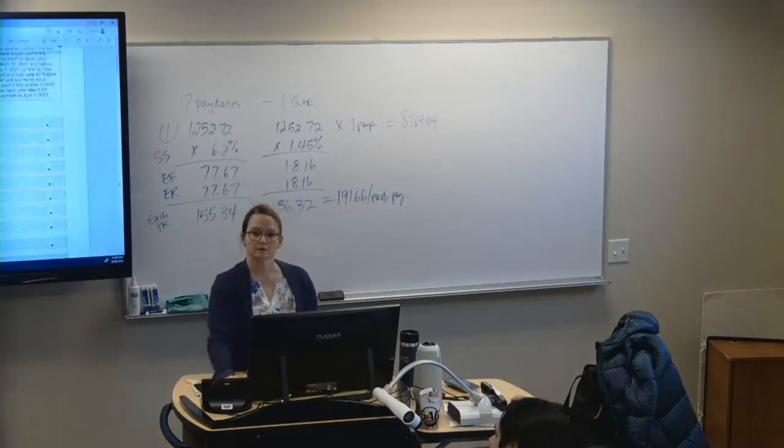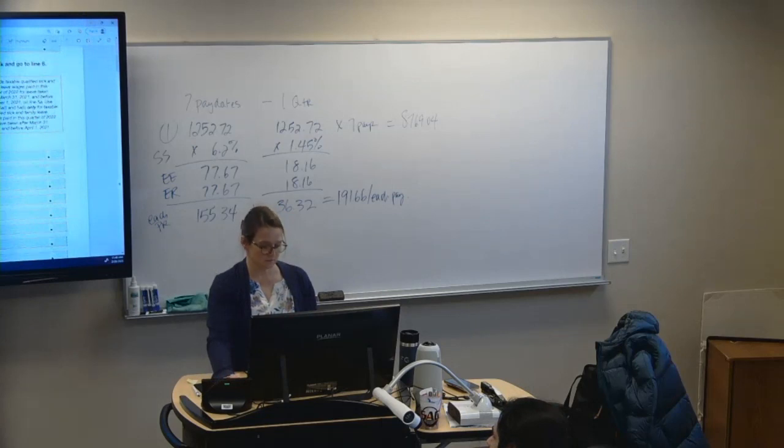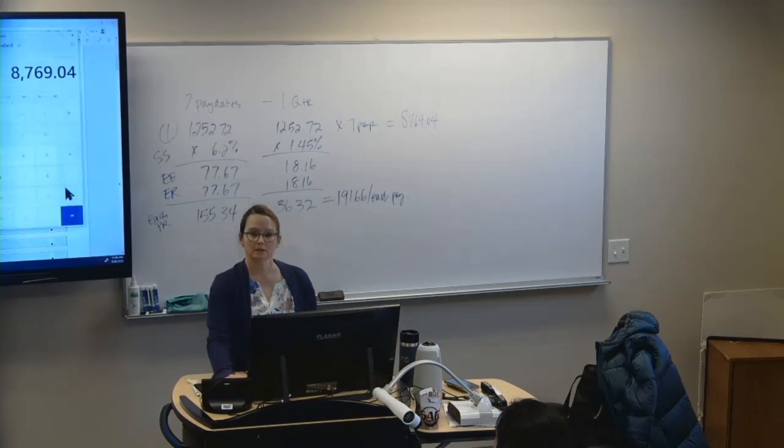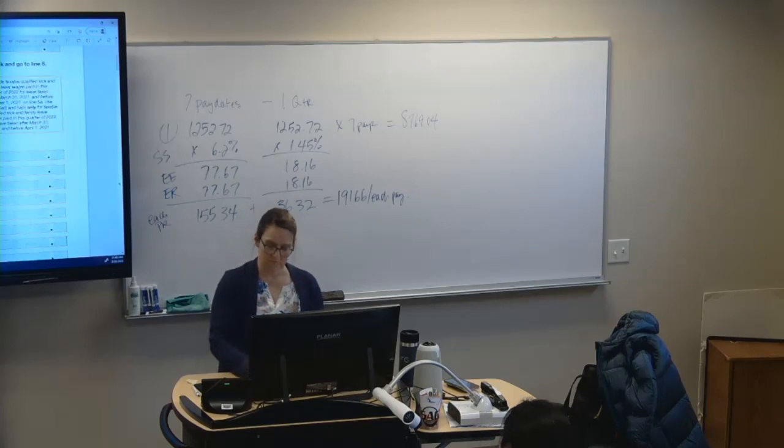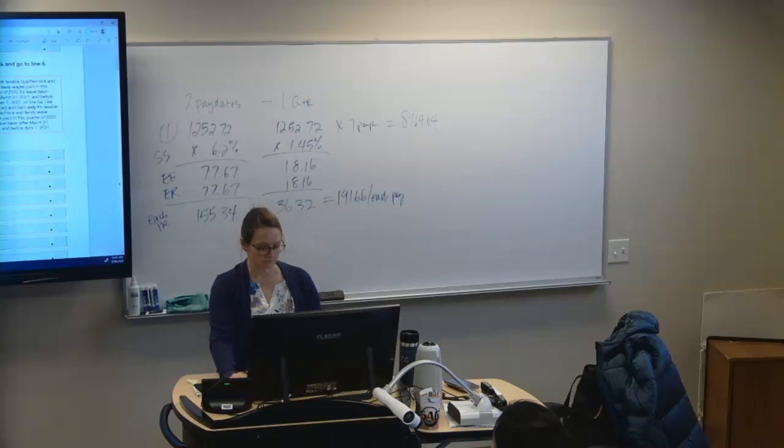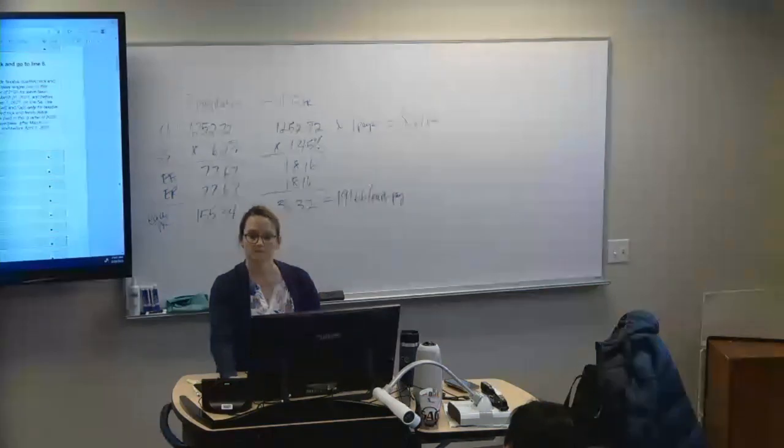All right. So the amount that we would have then here in column 1 is 8769.04. And the amount for Medicare, 8769.04. And then we're going to multiply that by the tax rate. All right. So we will do that. So times 12.4%.